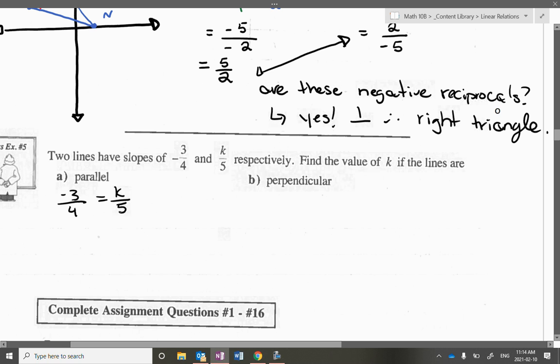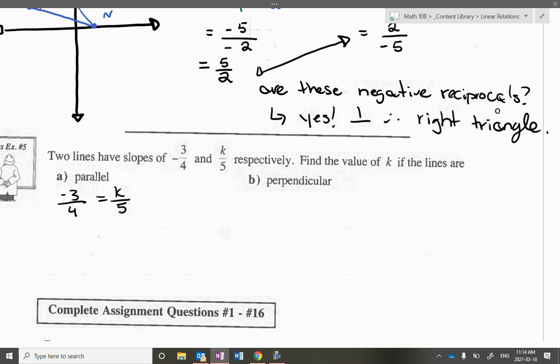Solve that on your own. Isolate and solve for k. You all should be able to do this.